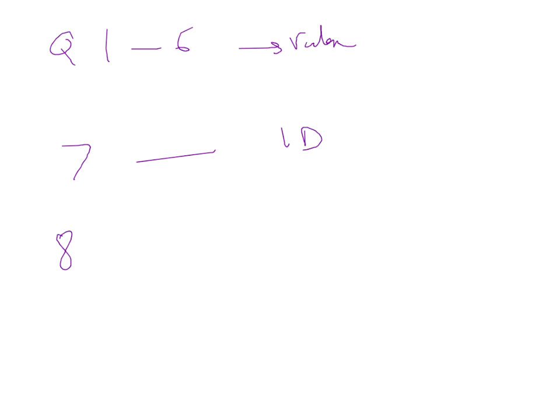Q1 to 6 is about vectors. Q7 is 1D, and Q8, oh wait, 7 and 8, and then 9 is 2D. And the other one is their definition. So I'm going to make 3 rooms. Room 1, room 2, room 3.